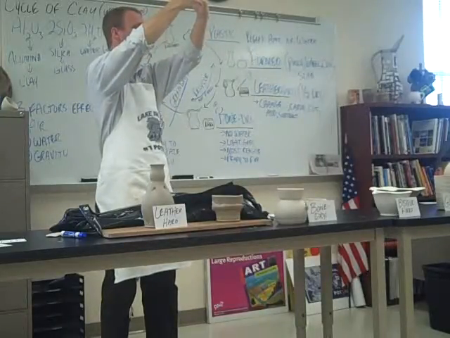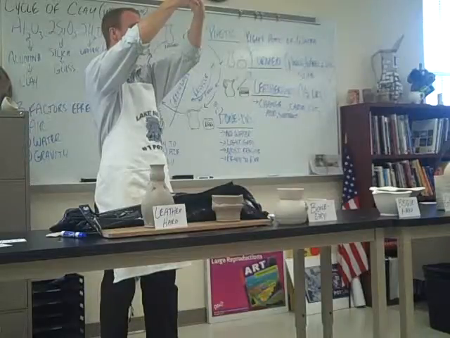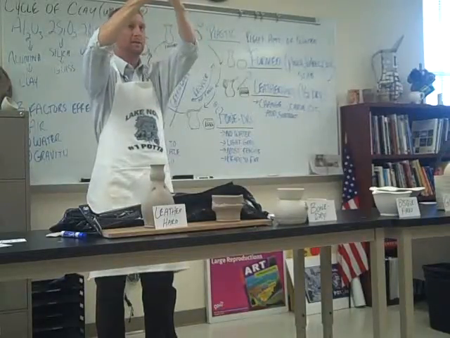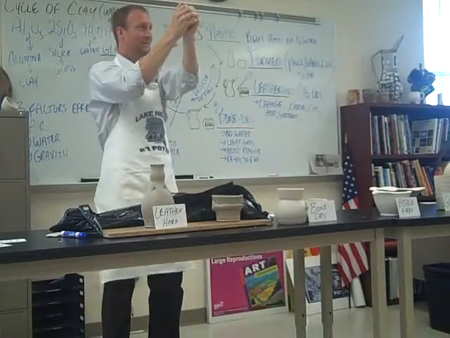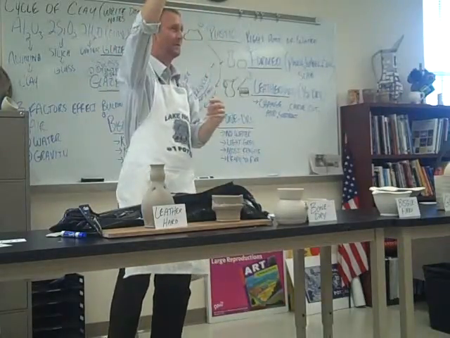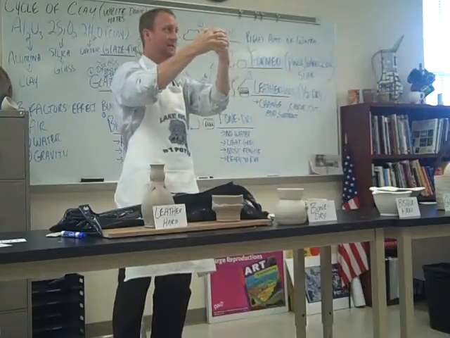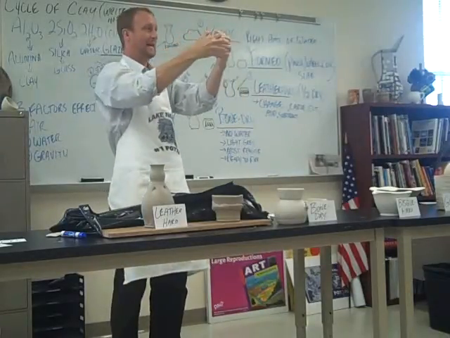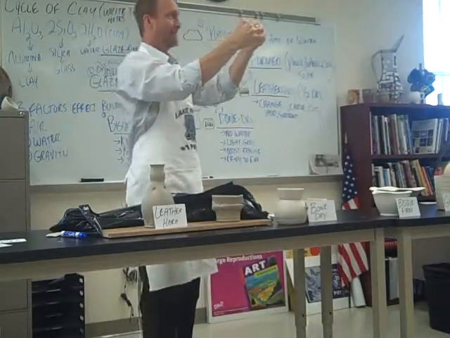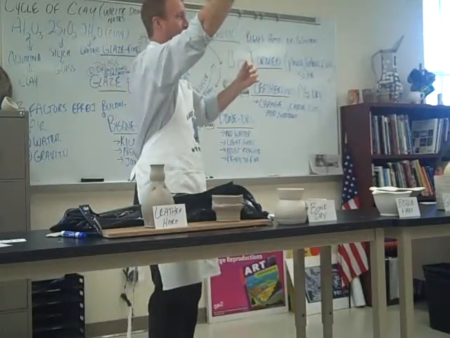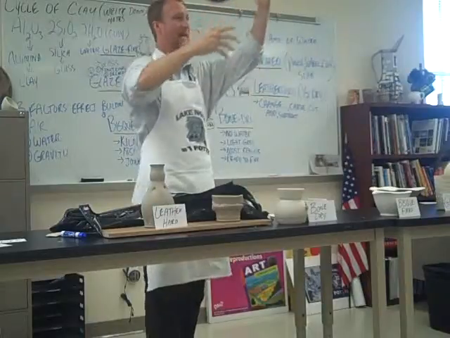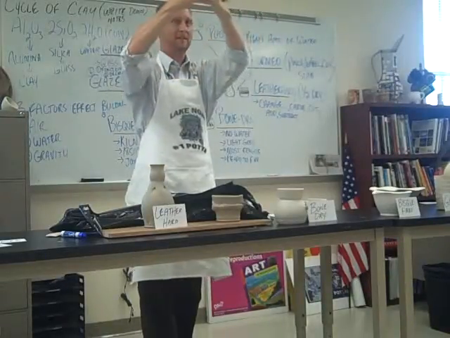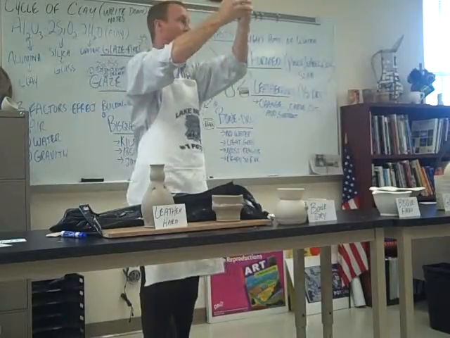Watch my hands. 2,200, 2,250. Okay? What happened at 2,250? Yes, Gabby. It melted together. It melted what together? The glaze. The glass that was in the clay and the alumina melted together and it bonded like this.